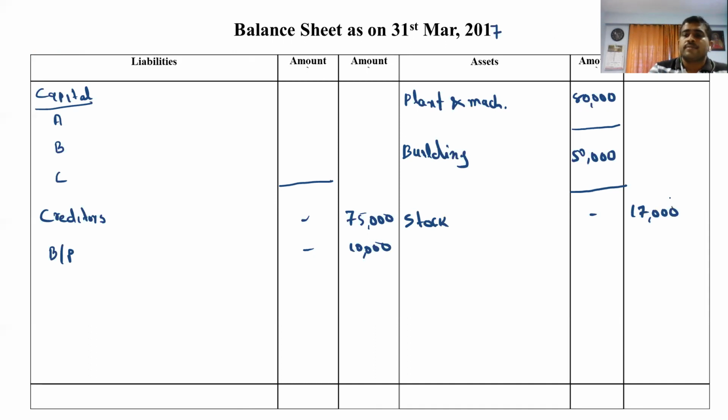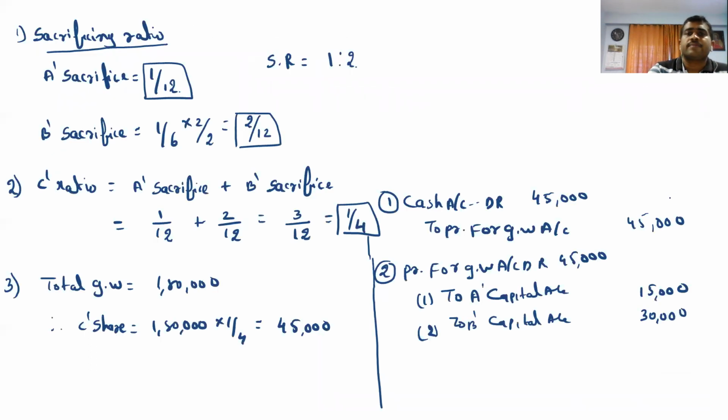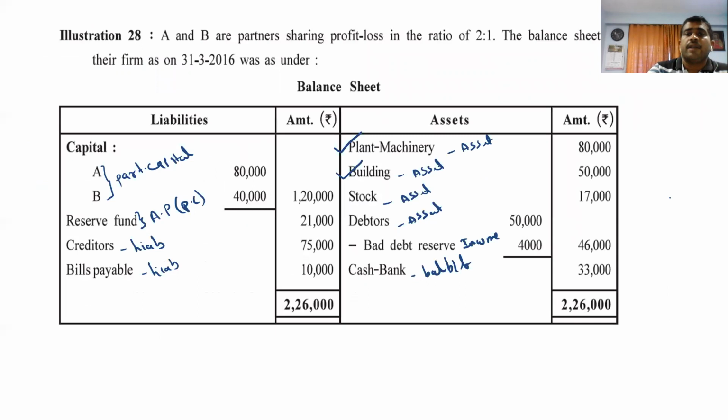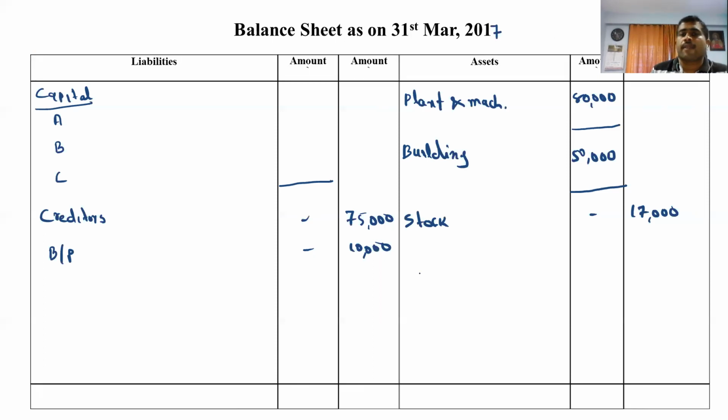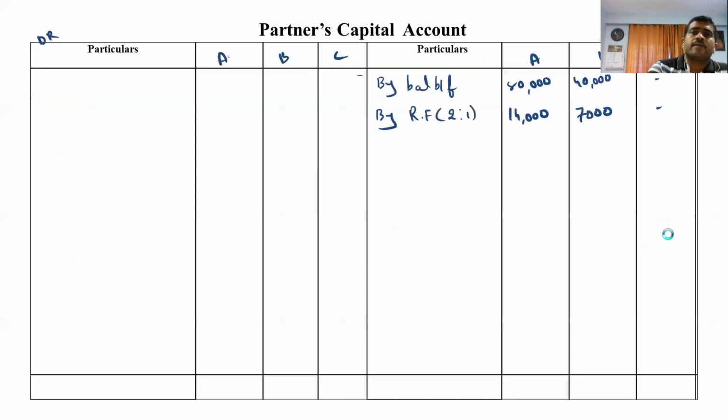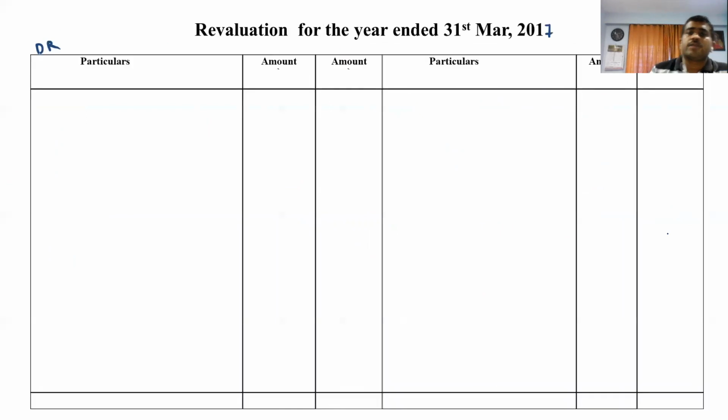Clear? After stock, debtors, and in that they said bad debt reserve is not required. So it's an income for us. So debtors, in the outer column we write 50,000 because there is no requirement of bad debt reserve. So it's an income.